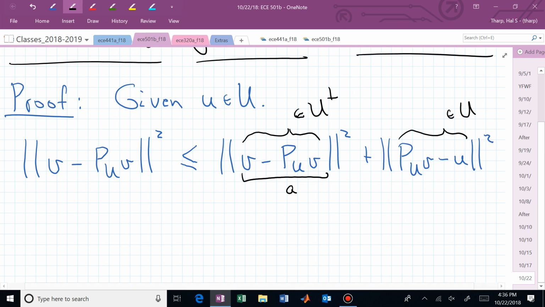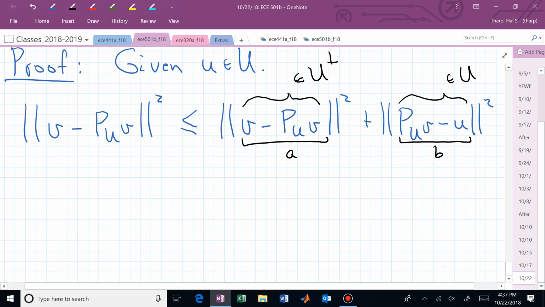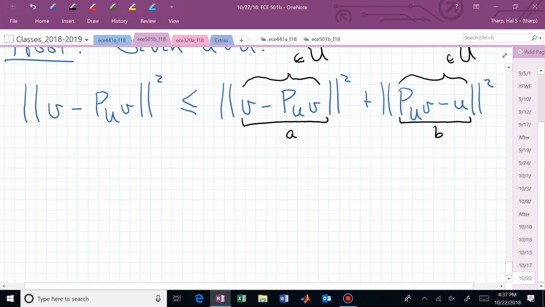So if I call this A and this is B, I'm getting at really A squared plus B squared is equal to C squared. So now I can say that this is less than or equal to what? C squared.